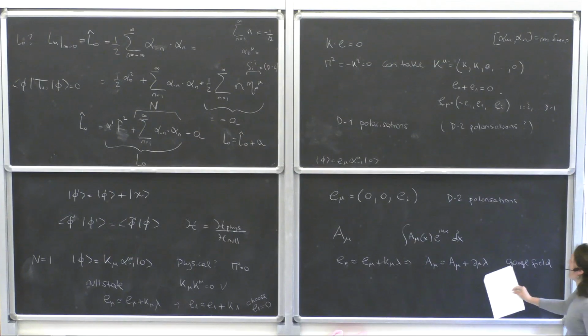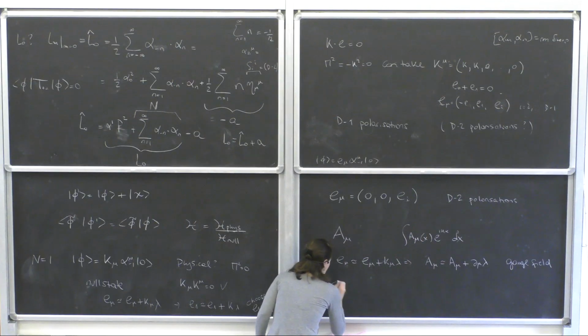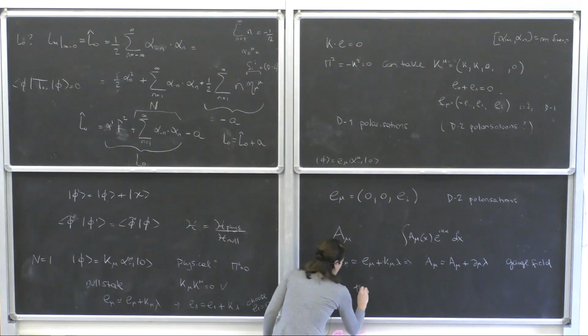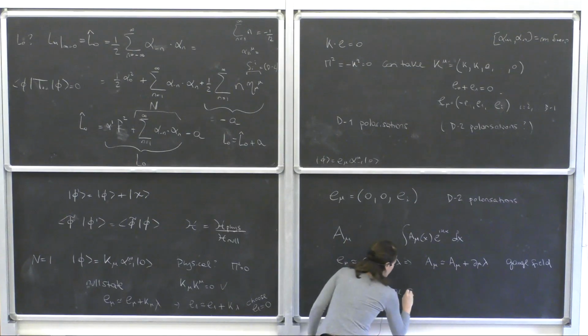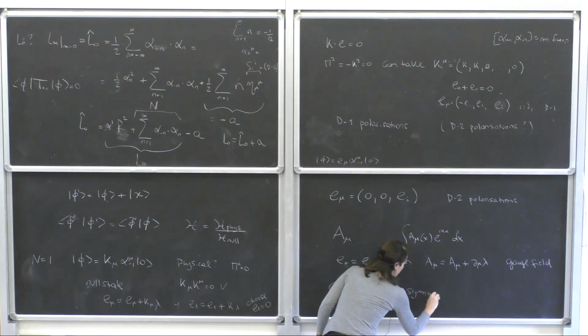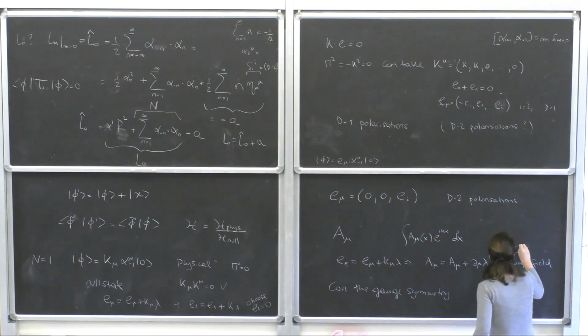Now this is a U1 gauge symmetry. Maybe one can ask, can the gauge symmetry be non-abelian? So this is a U1 gauge field.